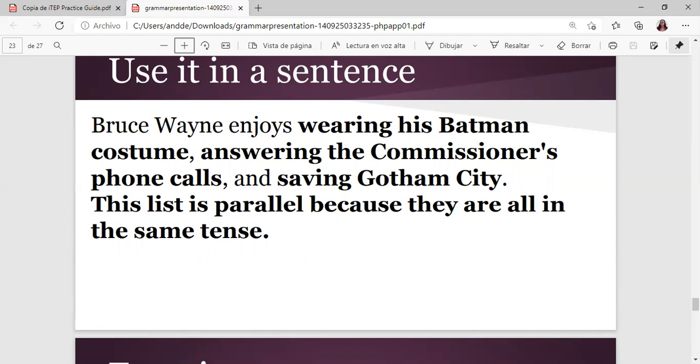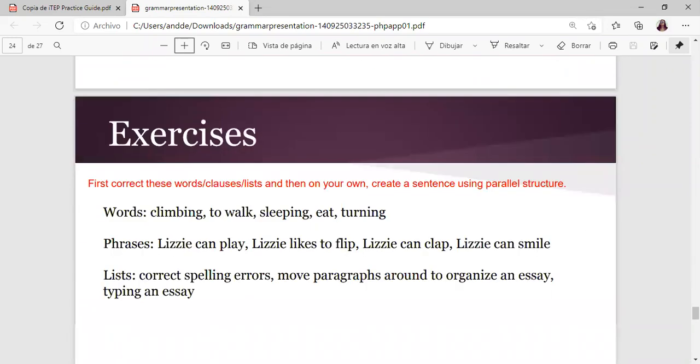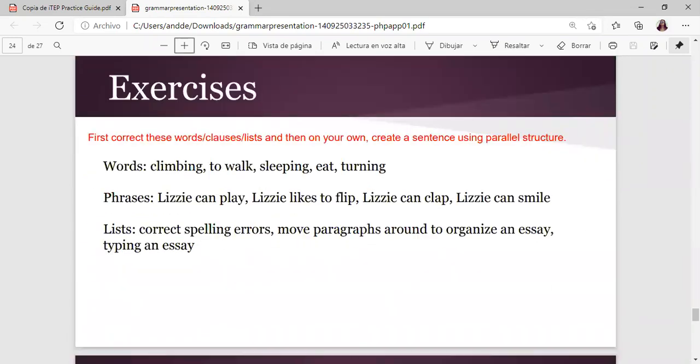This list is parallel because they are all in the same tense and they are also correctly separated by the use of conjunctions. Then here we have some exercises.